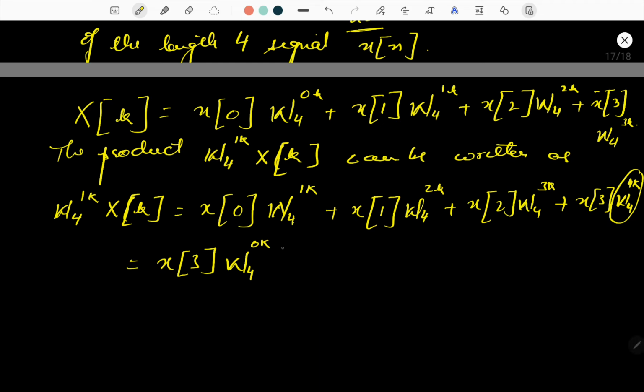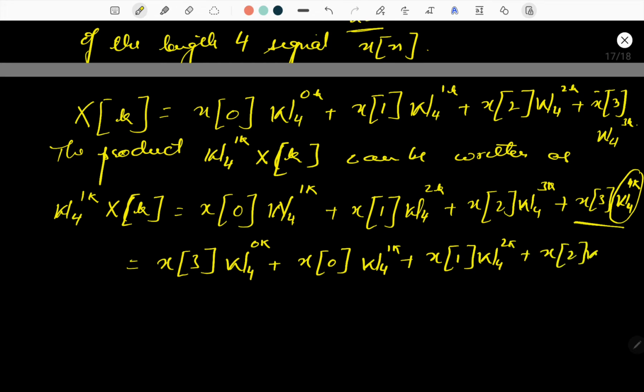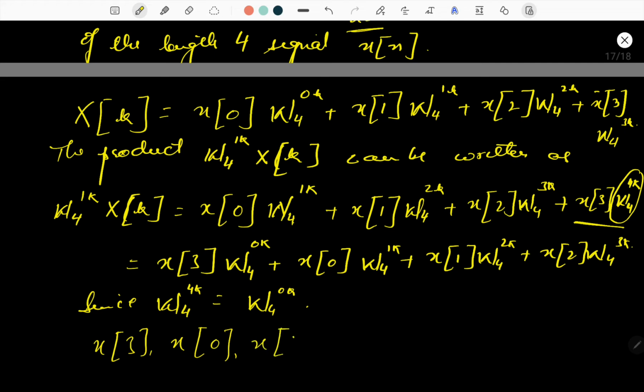We have just shifted this to this side, plus x0 W4^(1k) plus x1 W4^(2k) plus x2 W4^(3k). Since W4^(4k) equals W4^(0k), the discrete Fourier transform is of the sequence x3, then x0, then x1, then x2, which is precisely the sequence x[n].